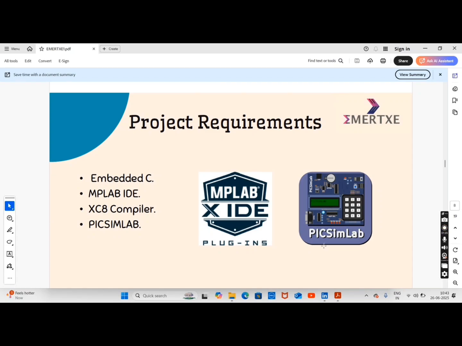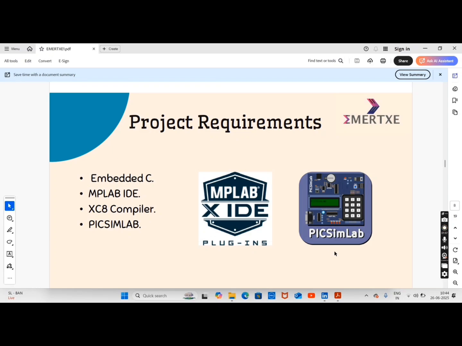As we talked about earlier, embedded C is a language which we use in our project that is based on an embedded system. In this project, we write code in the C language, so we use embedded C. Next, we use MPLAB IDE.